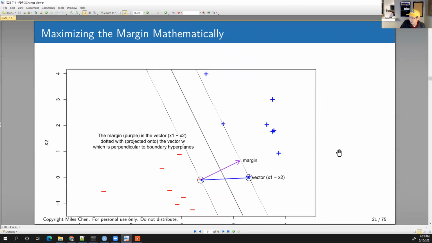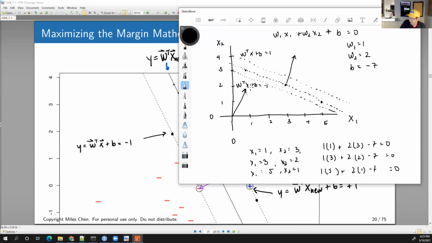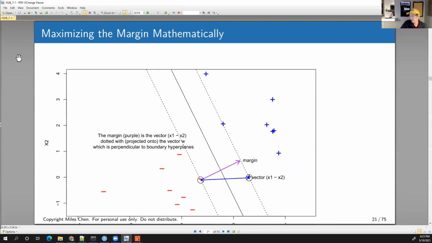But basically we've got some kind of constant here so that we've got this thing, right? And then the vector defined by W is going to be perpendicular to this line here. That's just a property of the thing. Okay, and so here, the margin is going to be the distance between 2 points that lie on the boundary, right?